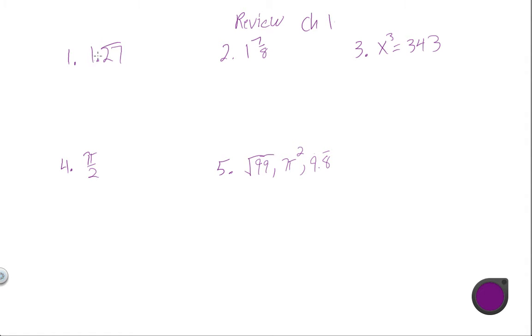But number 1, we have 1.27, that's a line over the 27, and we want to convert this to a fraction. So what would this be as a fraction? And I don't know if you remember the steps, but there's 4 steps, so we're going to take the 127, and we're going to subtract the non-repeating part, so that's the 1, and that gives us 126.